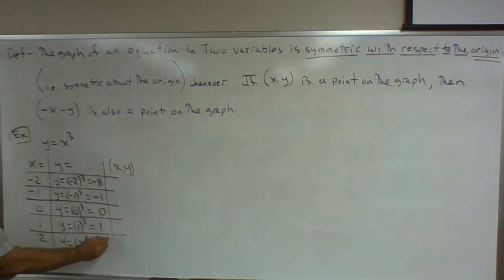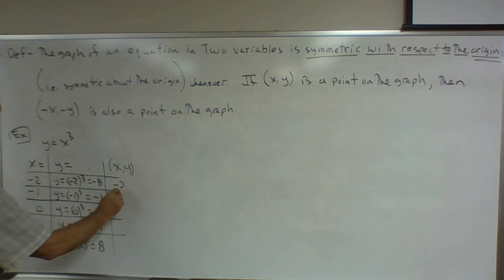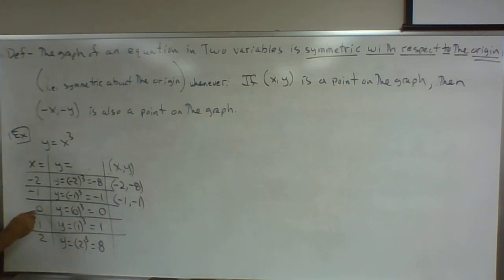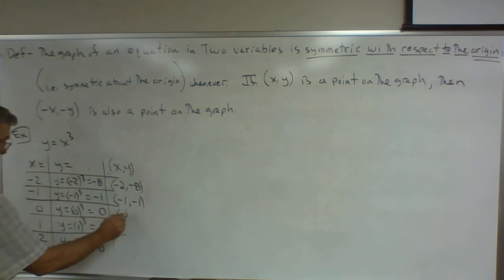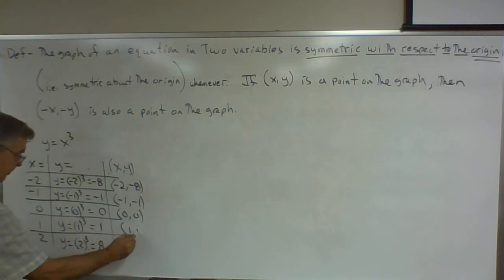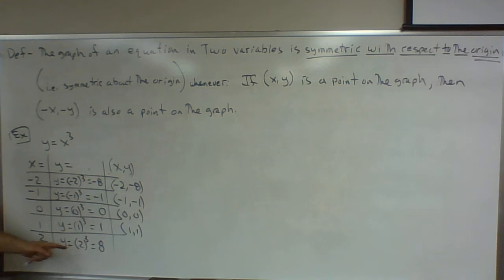And let's see what we get for ordered pairs. (-2, -8). (-1, -1). (0, 0). (1, 1). And (2, 8).